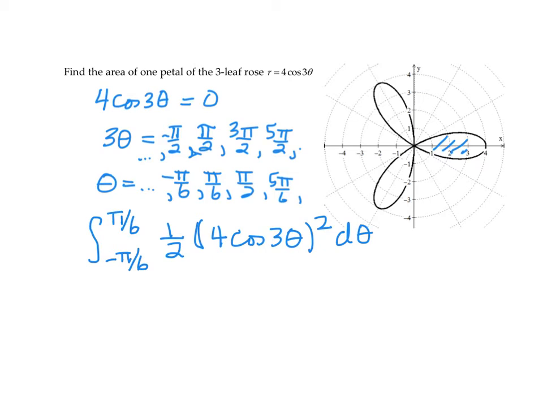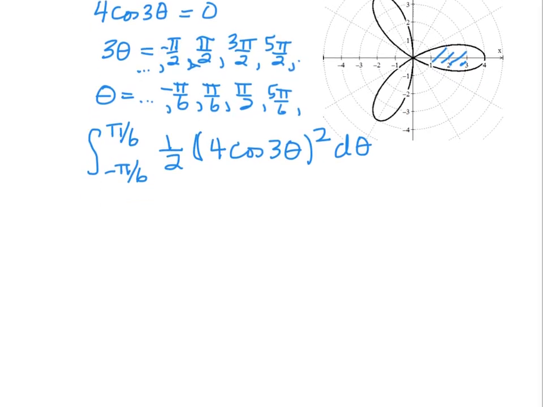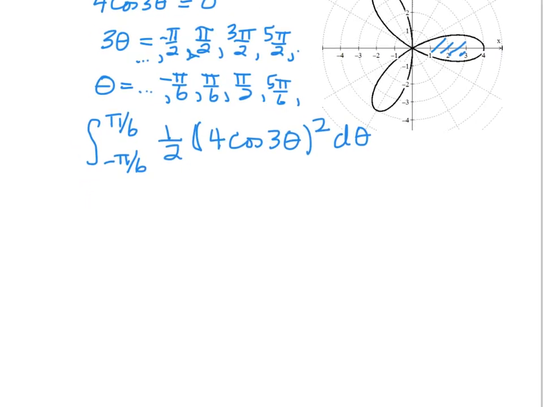Let's clean that up a little bit. This is the integral from negative pi over 6 to pi over 6 of, okay, now I've got 4 squared which is 16, and then 1/2 in front, so that's 8. And then, of course, I've got cosine squared 3 theta.